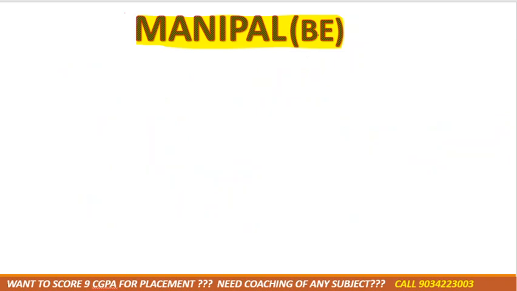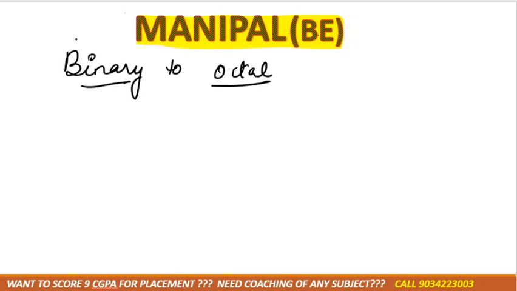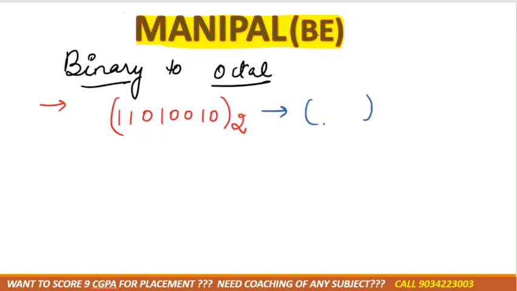So next conversion we are going to do is binary to octal. Like, let us consider one case 11010. It's in the form of binary and you need to convert it into the form of octal.